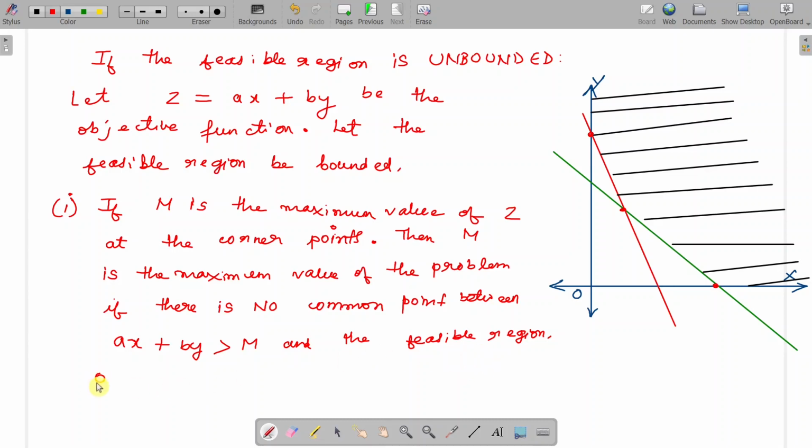Otherwise, that means if there is a common point between this inequality and the feasible region, then the problem does not have a maximum value.